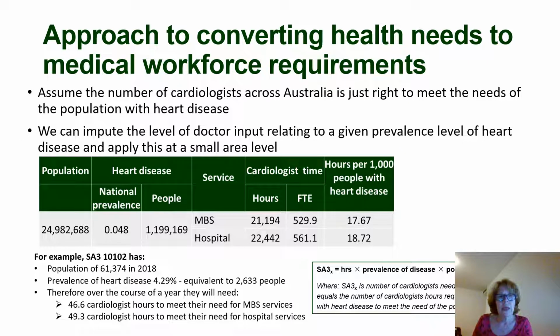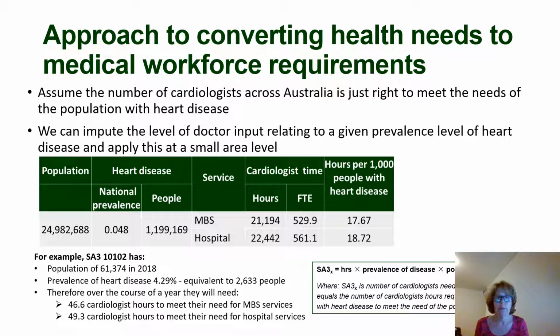We can then apply the population projections and make an estimate of what that will look like in future years. We could assume that disease prevalence remains at the current level, or we could make some assumptions about what's going to happen to future prevalence and then build that into the estimate of the future need for the workforce.